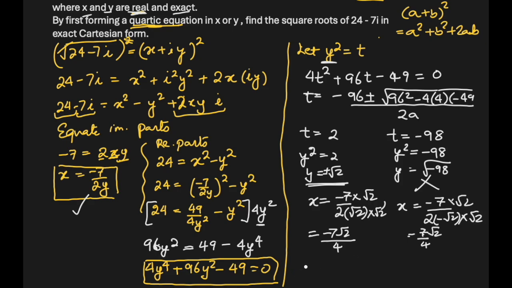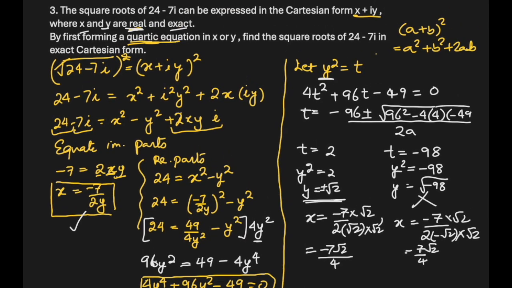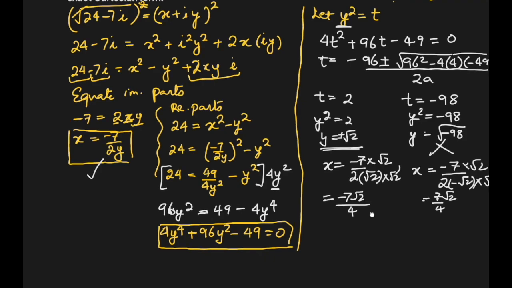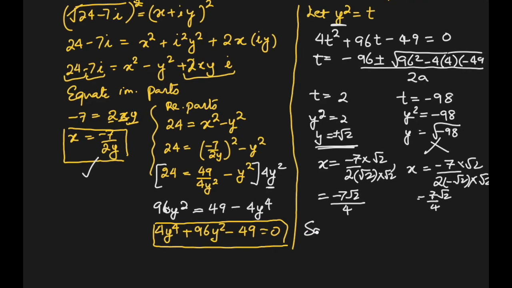So the square roots of 24 minus 7i are: x is minus 7 square root 2 over 4 and y is positive square root 2, so minus 7 square root 2 over 4 plus i square root 2.